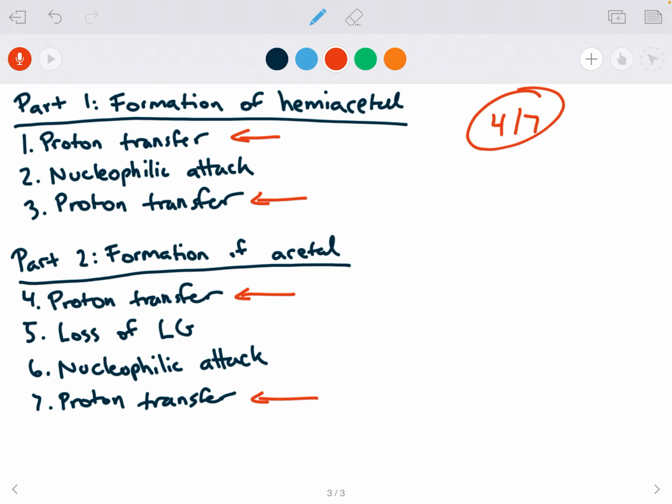Then you have 2 nucleophilic attacks where you add the 2 OR groups on, and then you lose your 1 leaving group, which enables you to get rid of that water so you can form the acetal rather than staying at the hemiacetal. So I really recommend following these 7 steps, getting them down, because then any of these reactions of acetals will be simple for you because you know what the 7 steps are.